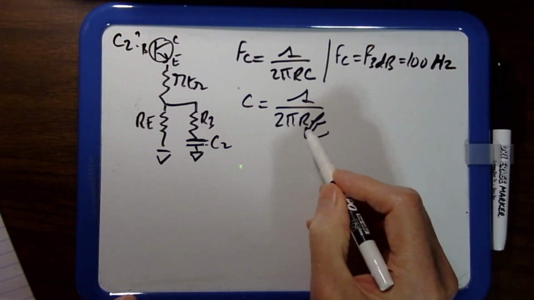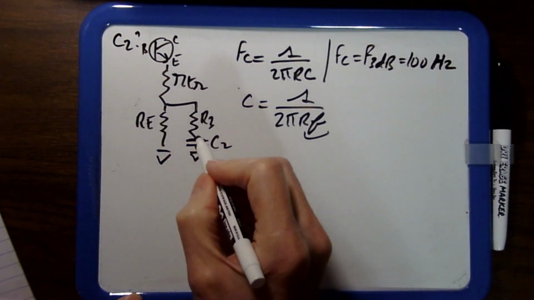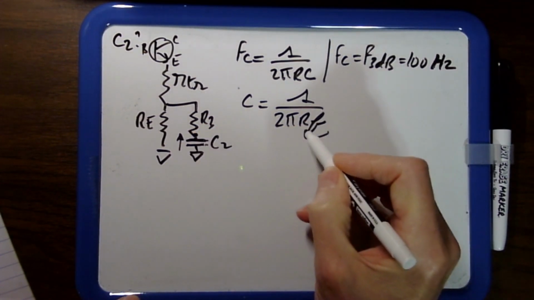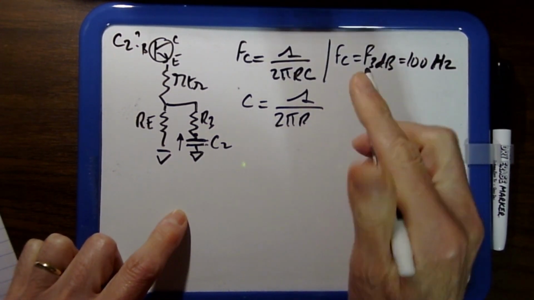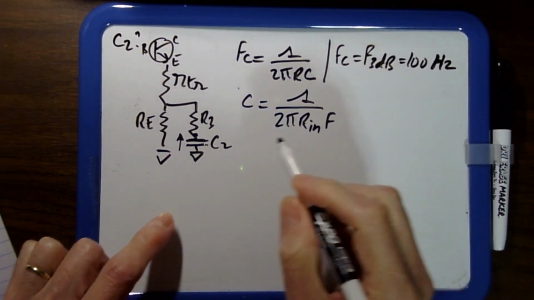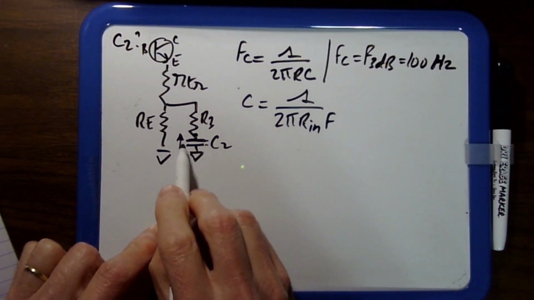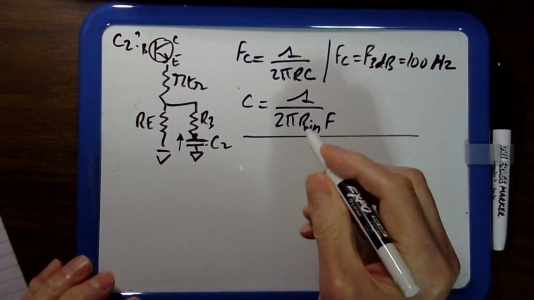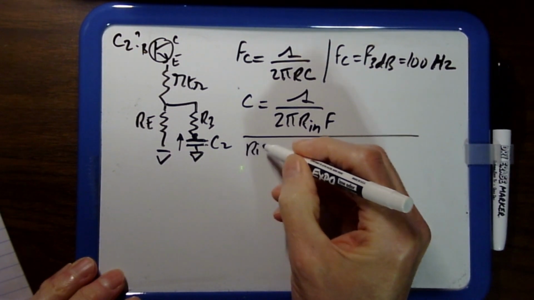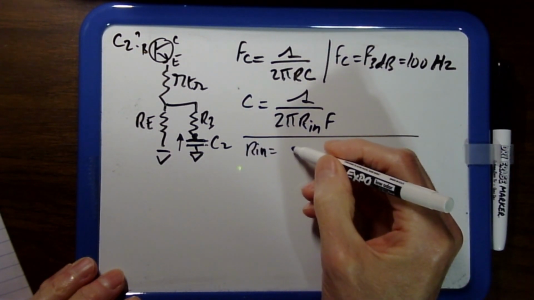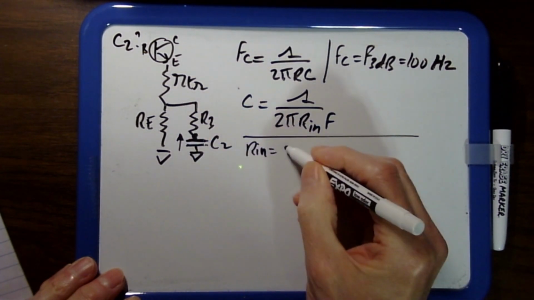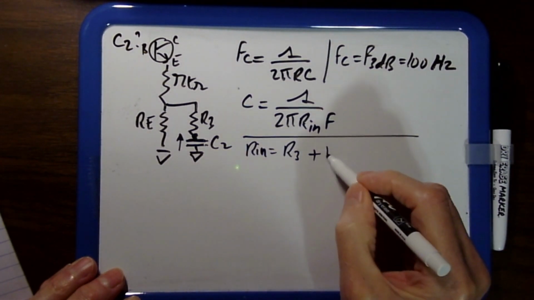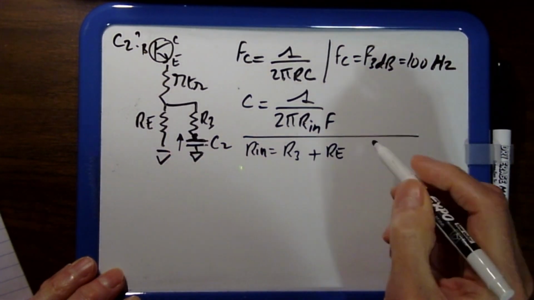And the R, so the R is basically the resistance looking in here. So I'm going to call it R in. So this is R in, the resistance looking in. Okay. So what is R in? So R in is equal to you have R3 plus RE, and RE is in parallel with RTR.